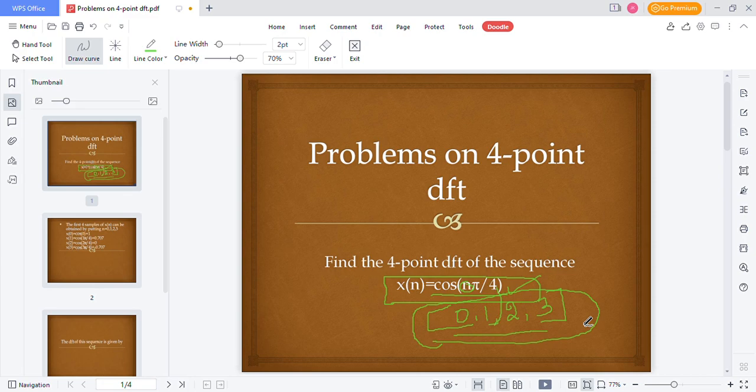In a particular problem, you might get blocks in parallel, or you might get eliminating the minor feedback loop, or you might get shifting a takeoff point behind the block, or shifting the summation point behind the block.